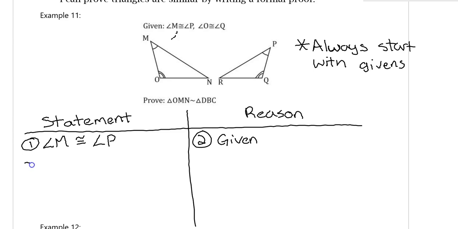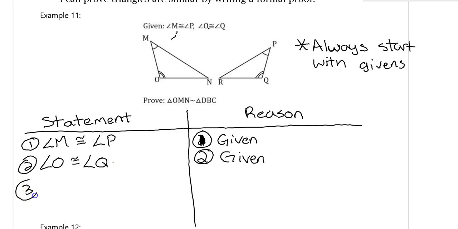The second statement that I can make, my second given, is angle O is congruent to angle Q. Sorry guys, I put a 2 here, that should be a 1. First statement, first reason. Second statement, second reason. Again, my second statement is also one of my givens. Now if you look, I have an angle and another angle.